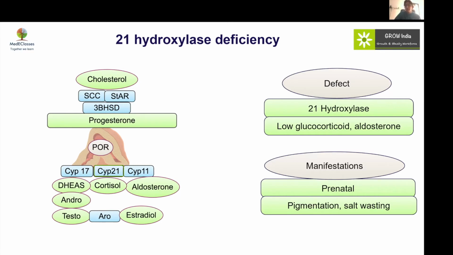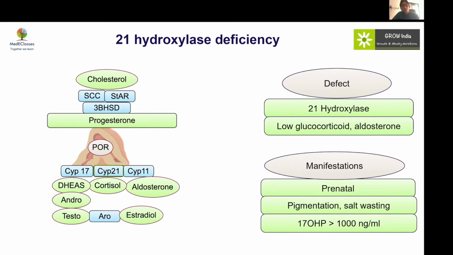Salt wasting typically happens after the second week of life, because we know that during the first 2 to 3 weeks of life there is aldosterone resistance. So the baby will not lose salt even if the baby is deficient in aldosterone as well.